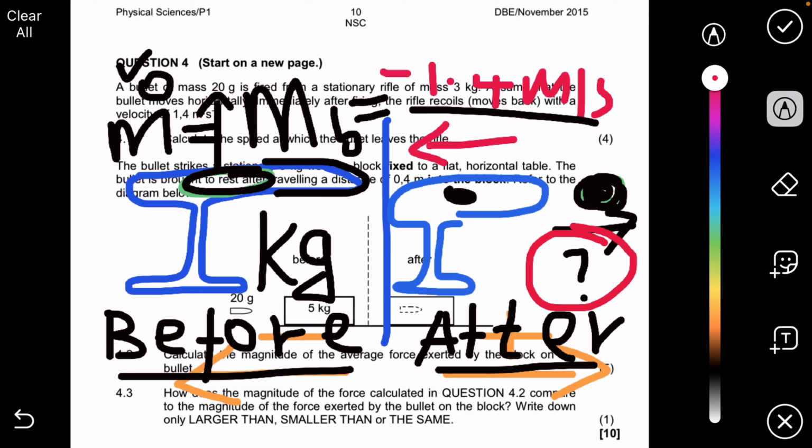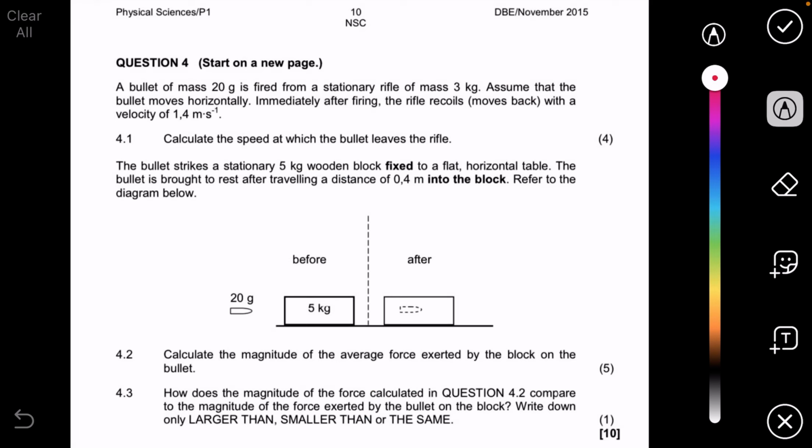So guys, I'm going to remove all of that information and straight away check what the question says. So ladies and gentlemen, this is where we are. 4.1, calculate the speed at which the bullet leaves the rifle. Guys, can you see from our interpretation we were able to notice that something is missing, and that which is missing is exactly what the question wants you to calculate.